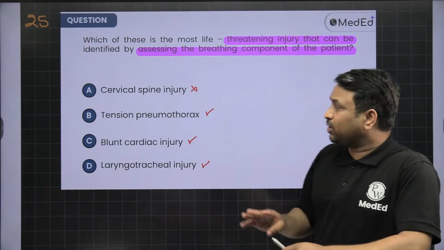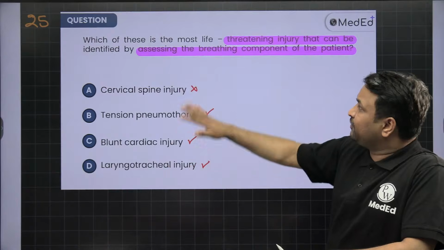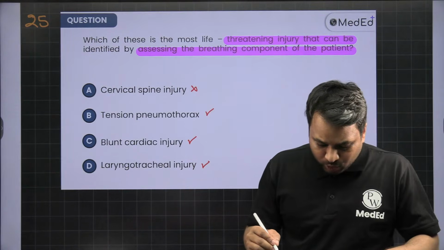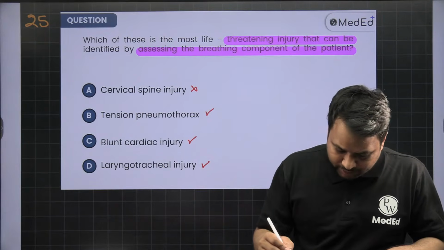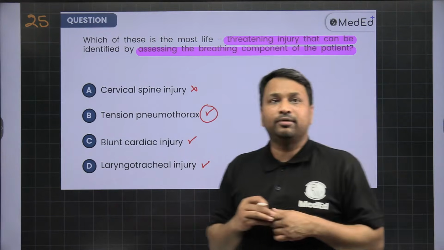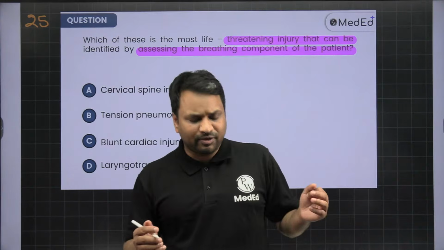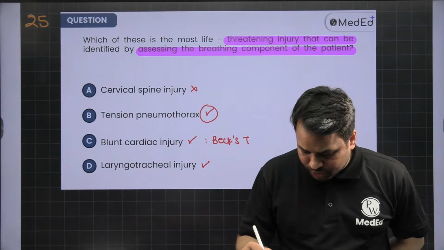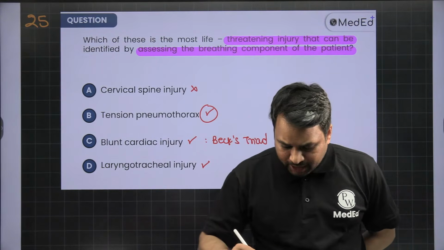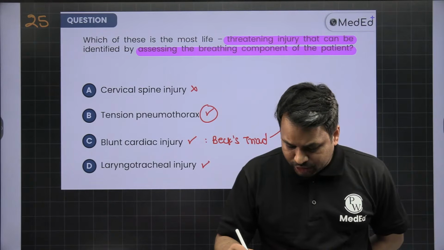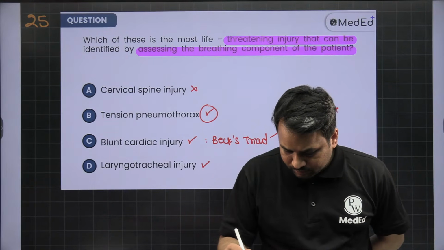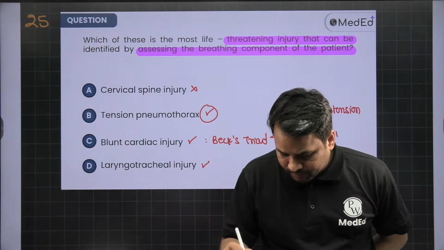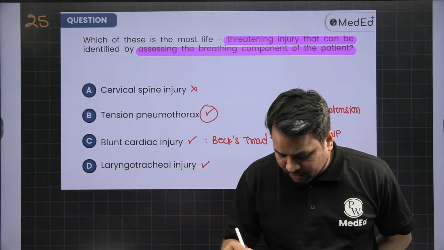Now, tension pneumothorax, blunt cardiac, and tracheal injury, which of the following can be assessed by breathing? With breathing, I will only be able to assess the tension pneumothorax, right? Blunt cardiac trauma can be pericardial tamponade, where you have Beck's triad: hypotension, raised JVP, and muffled heart sounds.